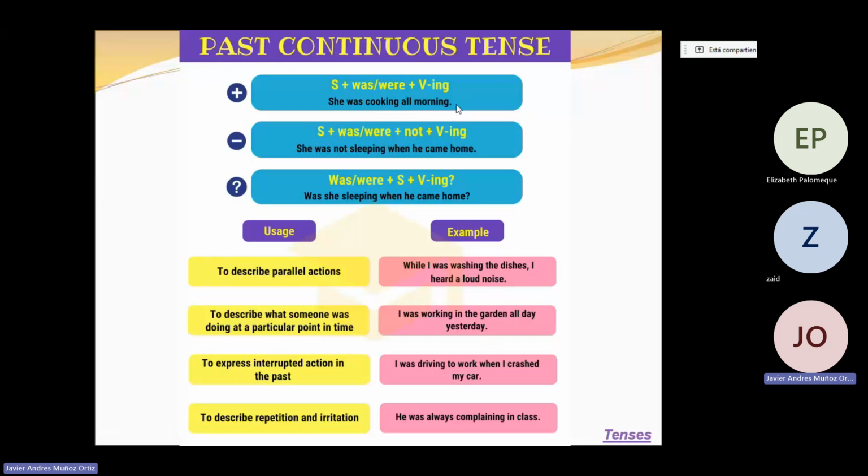It is exactly the same structure we have in English. So we are not going to get lost here. And additionally, if we compare past continuous with present continuous tense, once again, the only difference is going to be in the verb to be. That's it. That's all we need to remember about this tense.